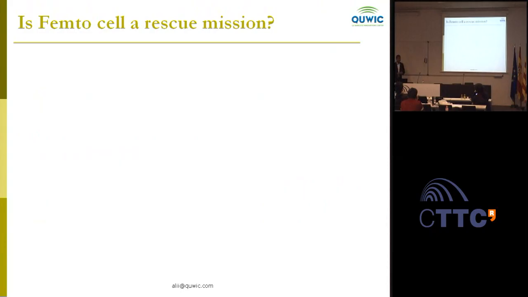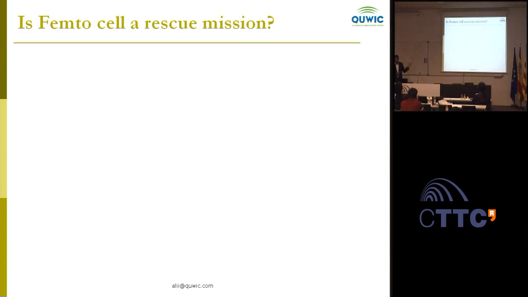In that context, there have been questions: why femtocells, Wi-Fi is there, why do we need femtocells? I see femtocell as the rescue mission for operators, and they are the main drivers behind it. If you dig down, it's the operators who need femtocells, not the users.